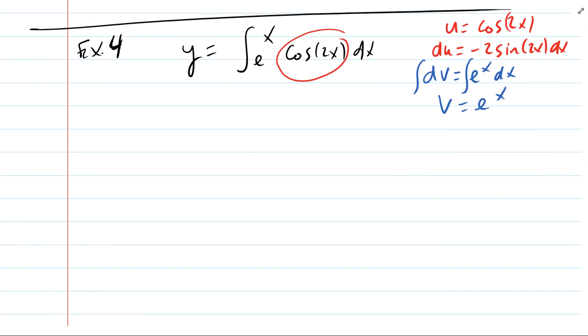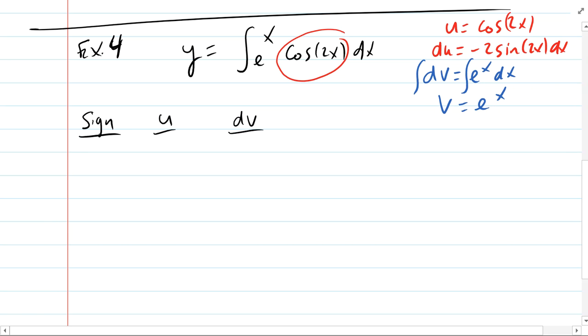Okay, table. We have sine, we have u, and we have dv. Sine is always starting out positive. Got to keep it positive. My u is going to be cosine of 2x. My dv is e to the x dx. We're just going to leave off the dx because we're going to save it for the very end.